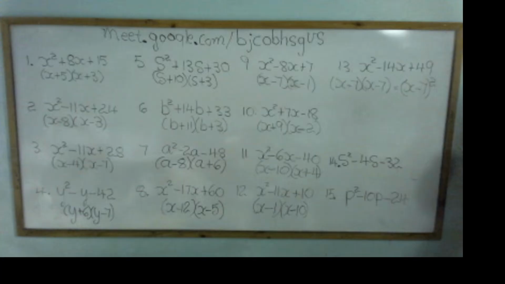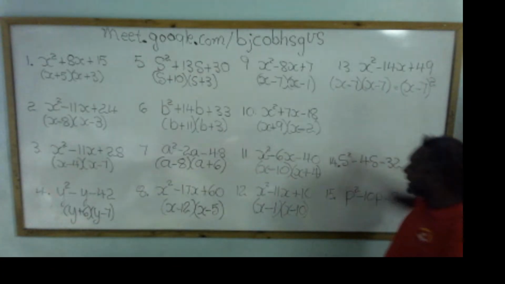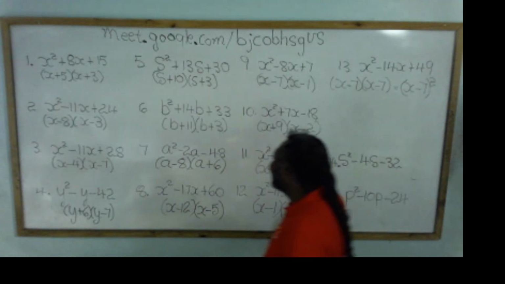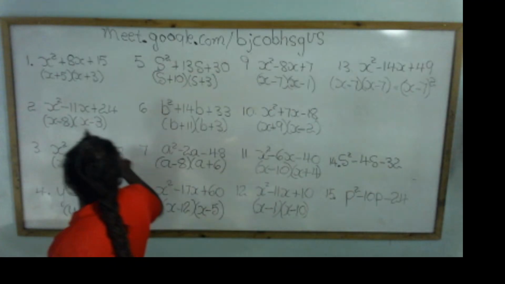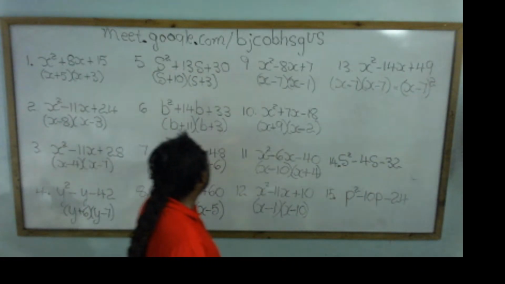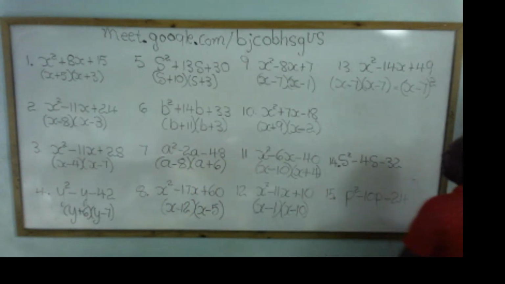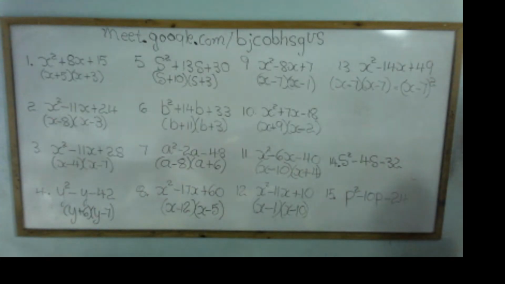So let us take a look at number 14. Of course, number 14 is analogous to number 13, to number 12, to number 8, to number 3, and to number 1. So you can solve that one easily by analogy, and that is always recommended.